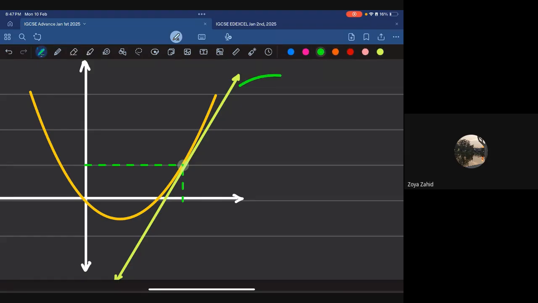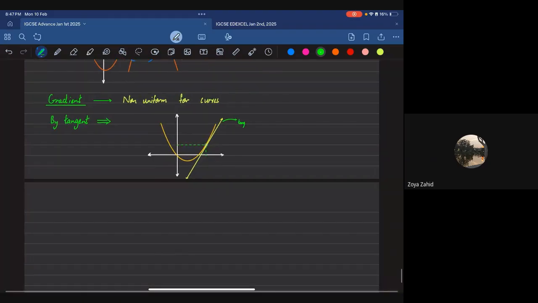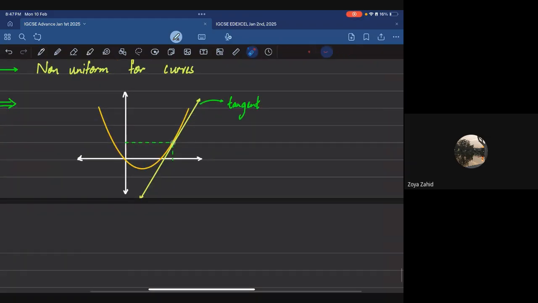Clear, guys? What is that going to do? I have already told you about collinear points. This is your tangent. Now, what is going to happen?